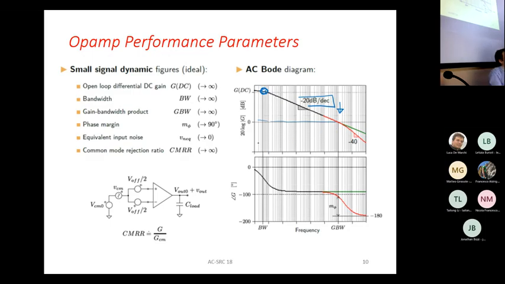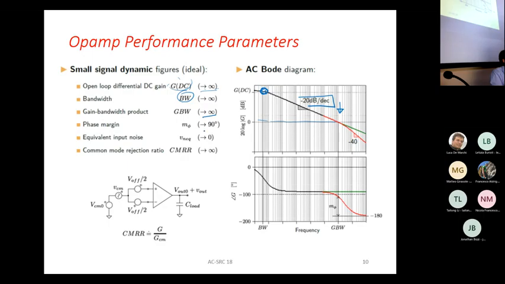So the open loop gain is not infinite, the bandwidth is not infinite, the gain bandwidth product, that is the product of this one and this one, is not infinite as well.